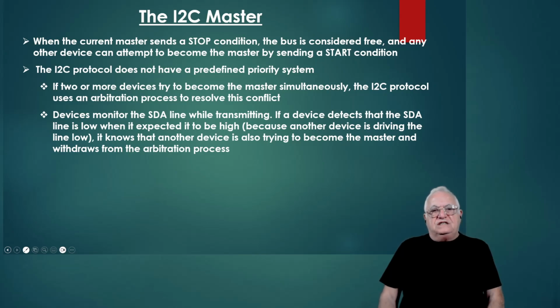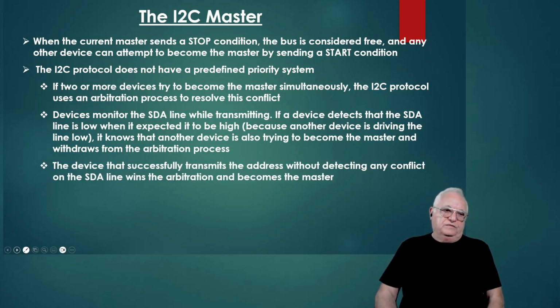Devices monitor the SDA line while transmitting. If a device detects that the SDA line is low when it is expected to be high because another device is driving the line low, it knows that another device is also trying to become the master and withdraws from the arbitration process.